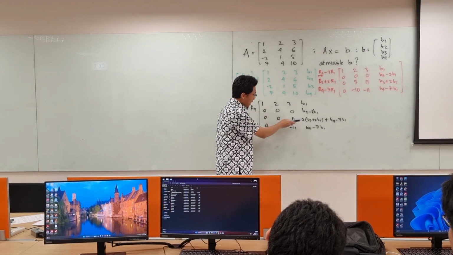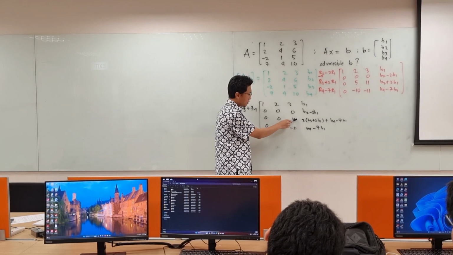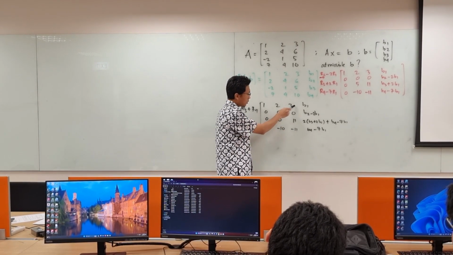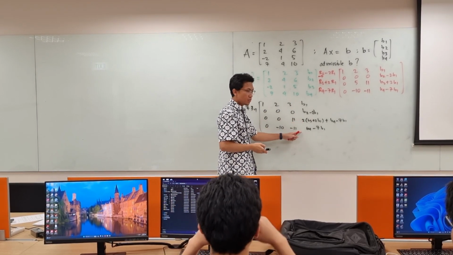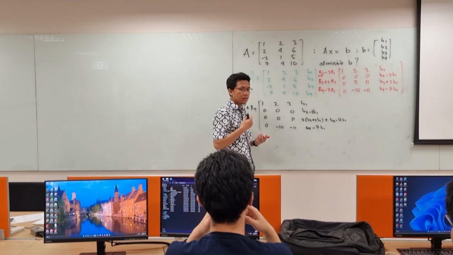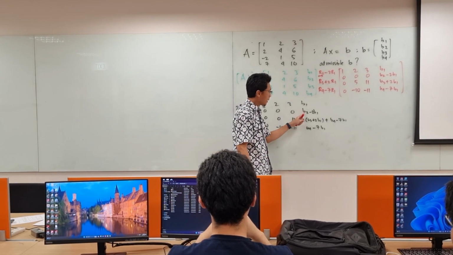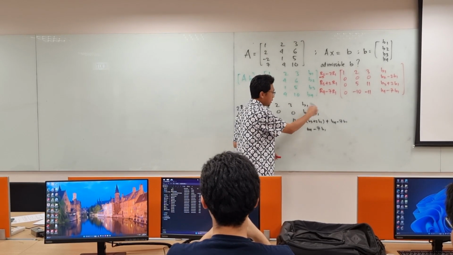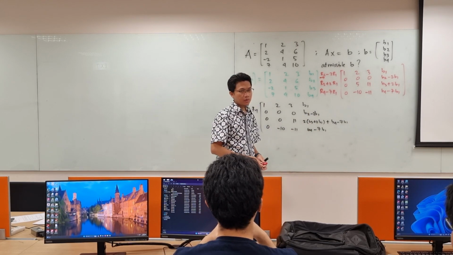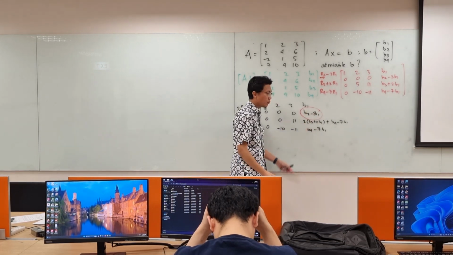These are the rows that are non-zero, not all zero. That means these are free to choose. Actually, B1, B3, B4, you're free to choose. But you can see, because this is all zero, this will be the condition for the solvability. The admissible B you find out from here.